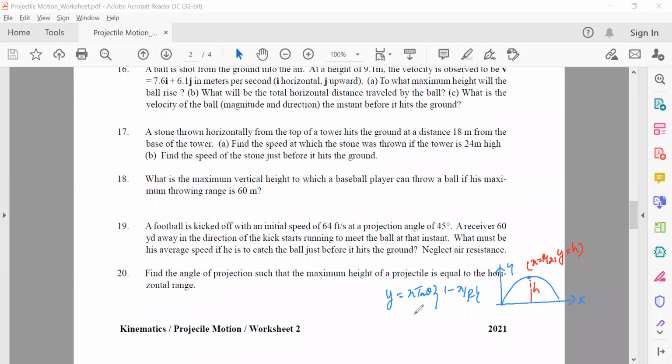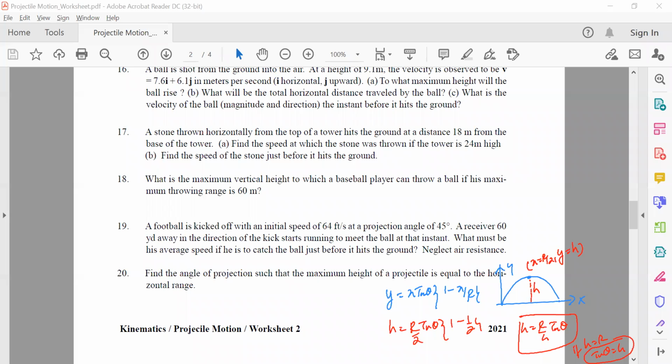So from this, you will understand that the relationship between h and r is like this: with x equal to r by 2, h is equal to r by 4 tan theta. So now in this, you put the condition that if h is equal to r, you can see that tan theta is equal to 4.